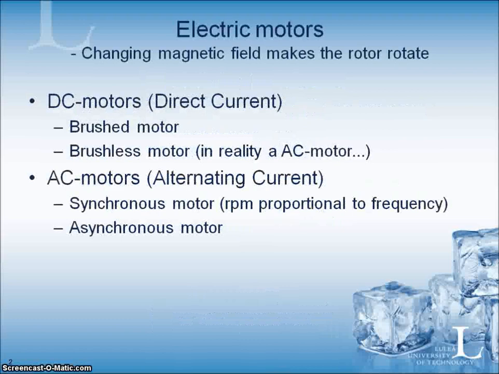So, electric motors then. What we basically are talking about all the time is a changing magnetic field that makes the rotor with the output shaft rotate. We have two different main types: direct current DC or alternating current AC.